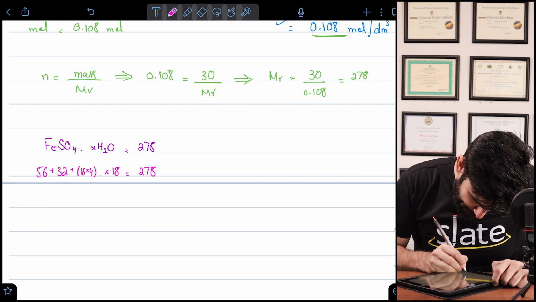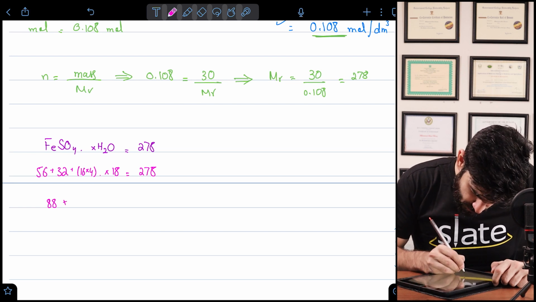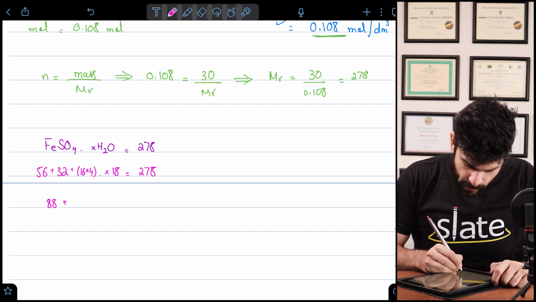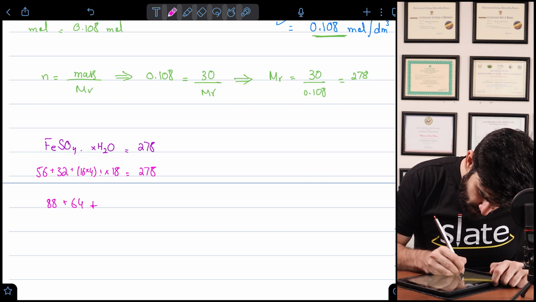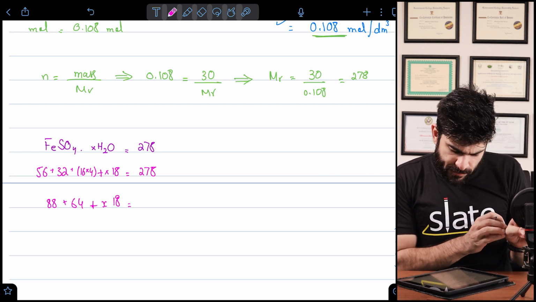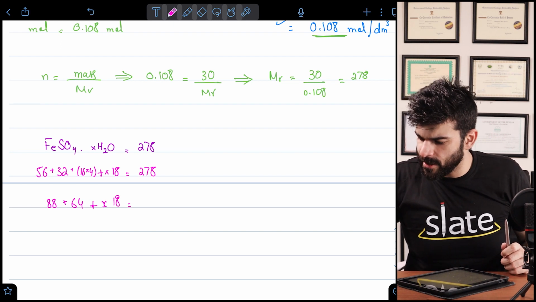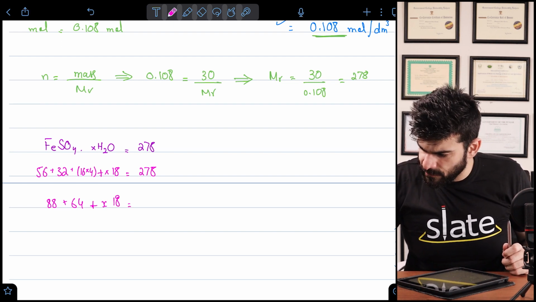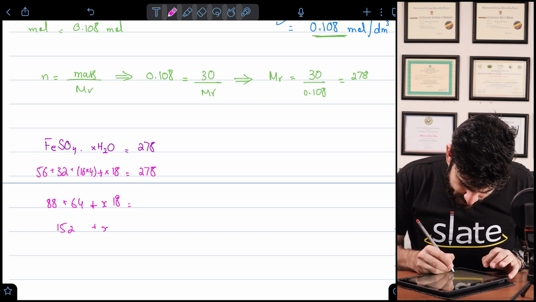That would make it 88 plus 16 into 4 makes it 64 plus x18. So 88 plus 64, let me calculate it. Let's not make any error here. So 88 plus 64, that is 152 plus x18 equals 278.